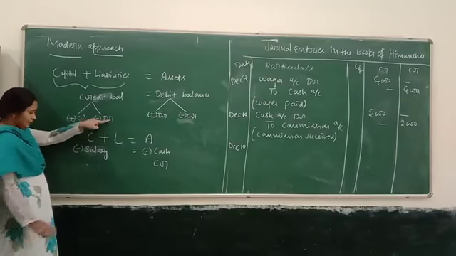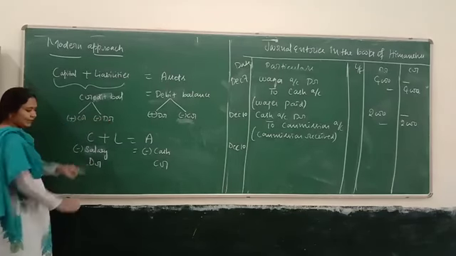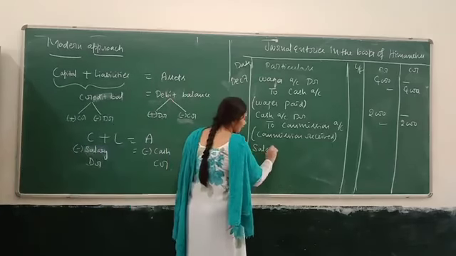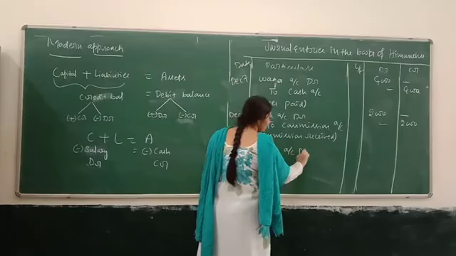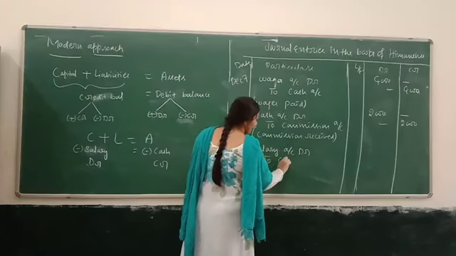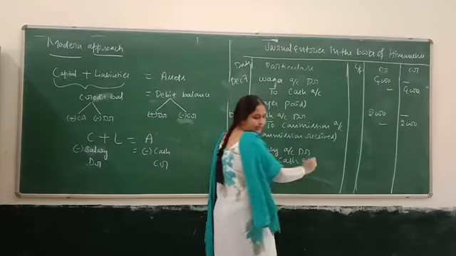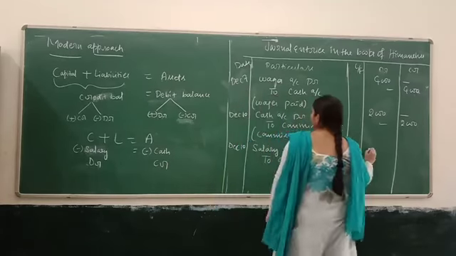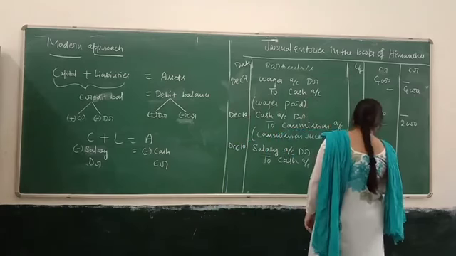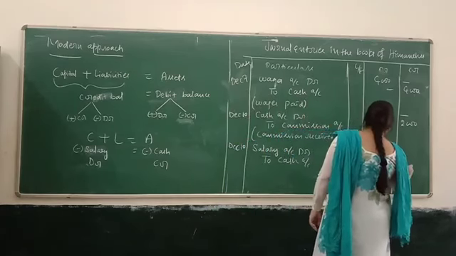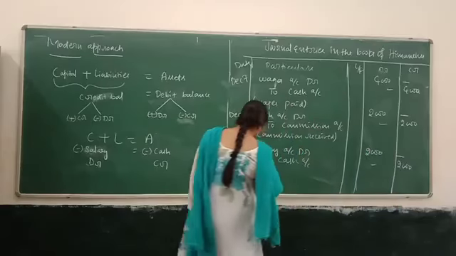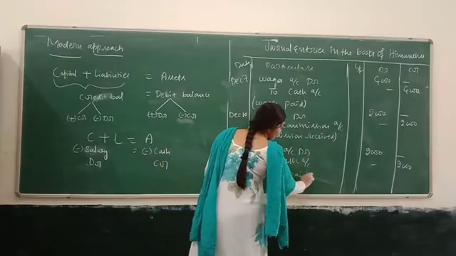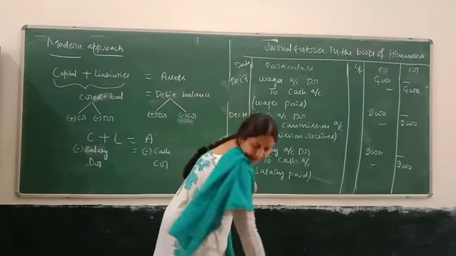Decrease in capital should be debited. So the journal entry is salary account debit to cash account. How much salary has the business paid? 2,000. Narration: salary paid. Hope you all are understanding.